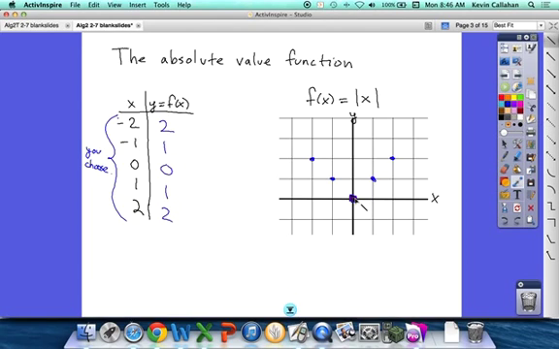The shape of the graph looks like it goes there, and it goes there. That's an absolute value function. And it's very clean, right? It's got a sharp corner on it. It'll be very easy to see as we move things around how it's being moved around in most cases.